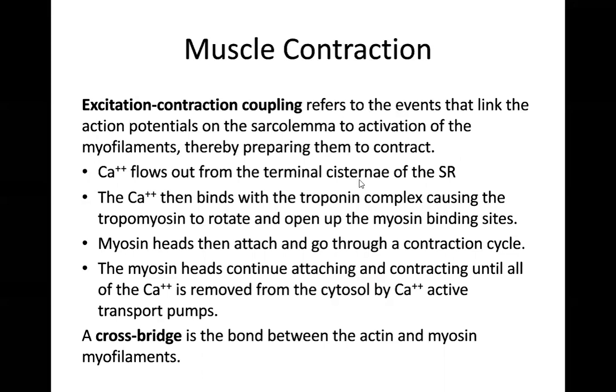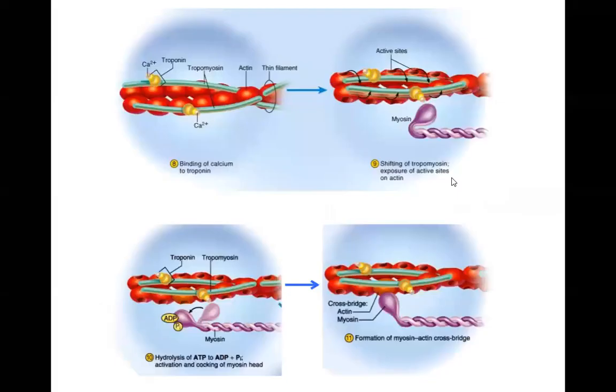Excitation contraction coupling, which you might put in parentheses ECC for short, refers to the events that link action potentials on the sarcolemma to activation of the myofilaments. So that's the thick and thin filament stuff we talked about, thereby preparing them to contract. We just said calcium flows out from the terminal cisterna, the SR, through the calcium release channels.